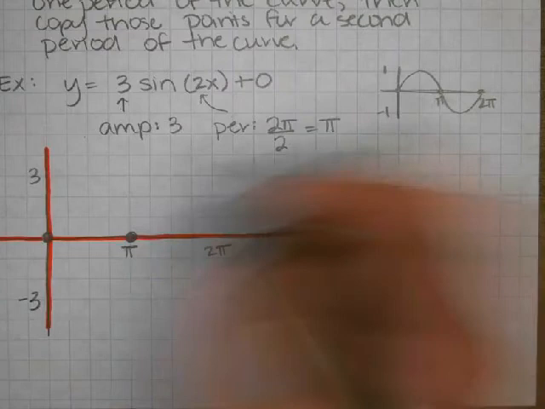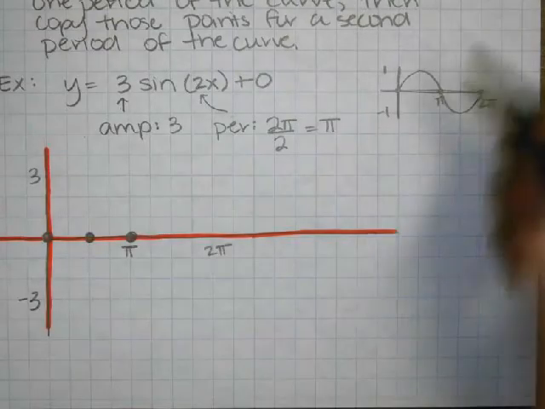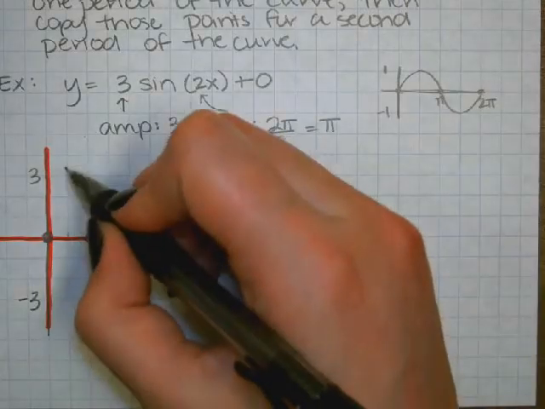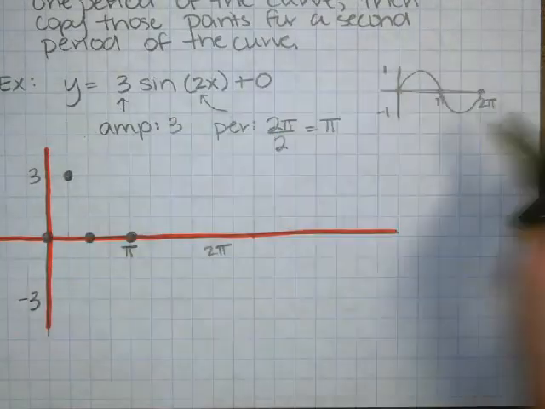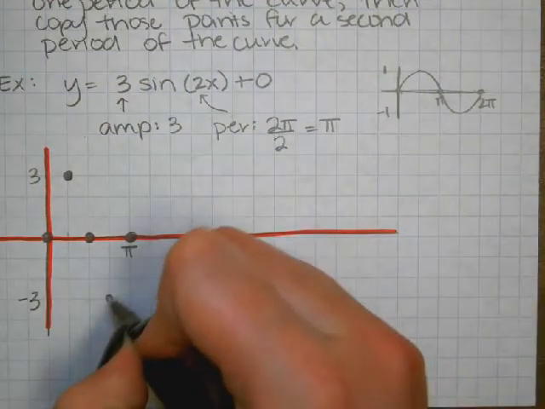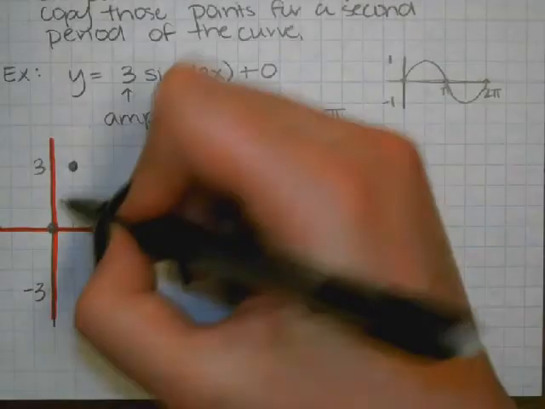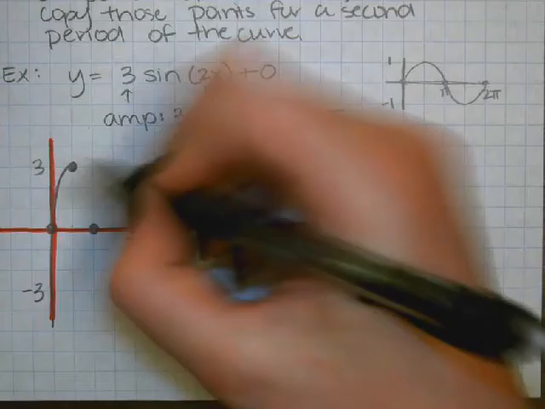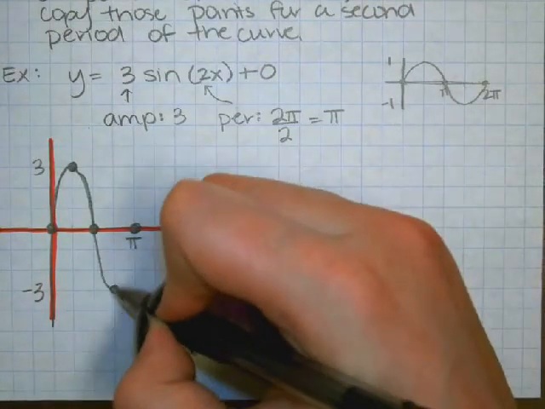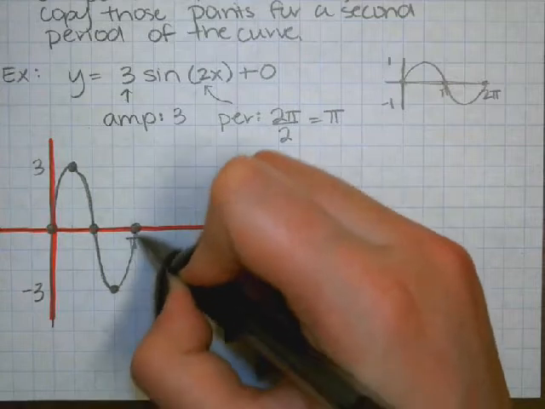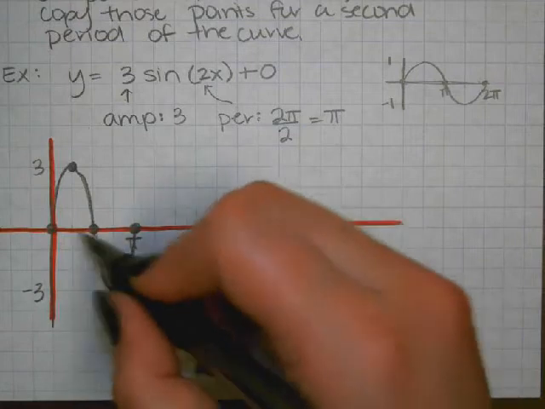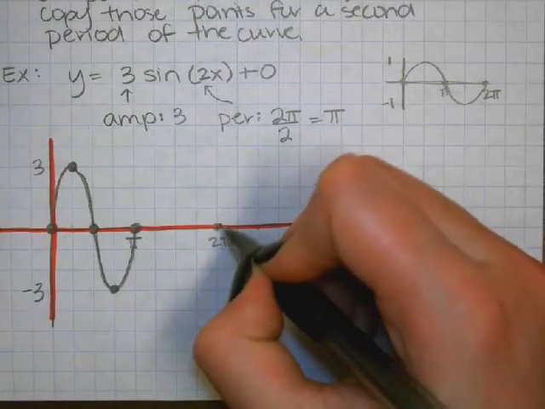I know it hits 0 in the middle. And then I know between these 2 points it bumped up to 1, so I'm going to bump up to 3 between those first 2 points. And between the second 2 points it bumped down to -1, so I'm going to bump down to -3. And there's my graph. And I'm making sure that these are nice U-shaped graphs and not V-shaped graphs because these are nice smooth curves. So what I'm going to do next is I'm just going to go ahead and continue that pattern.